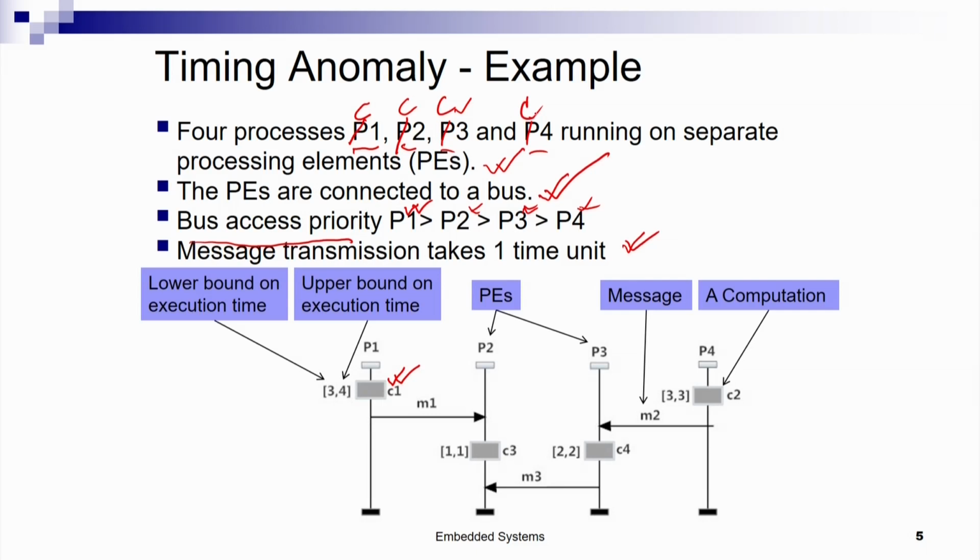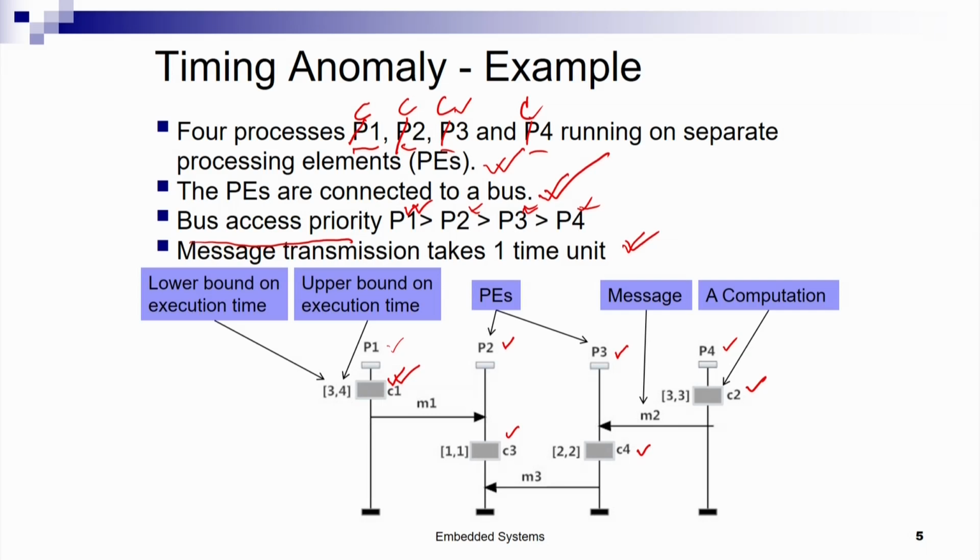C1 is mapped onto processing element P1, C2 is mapped onto P4, C3 is mapped onto P2 and C4 is mapped onto P3.